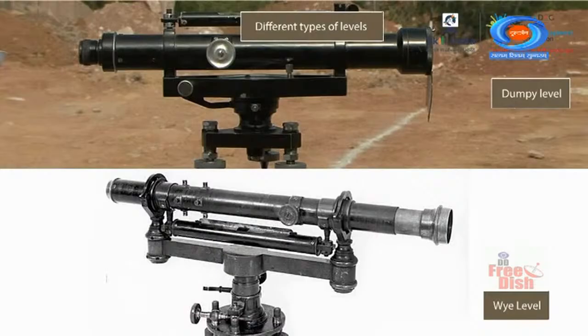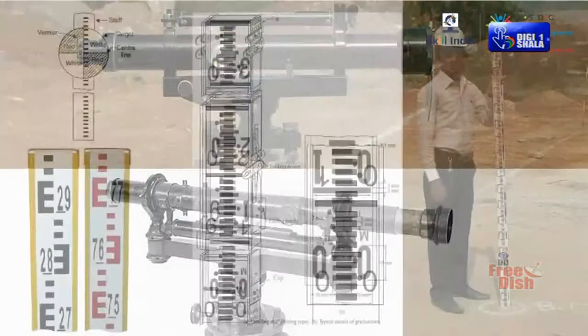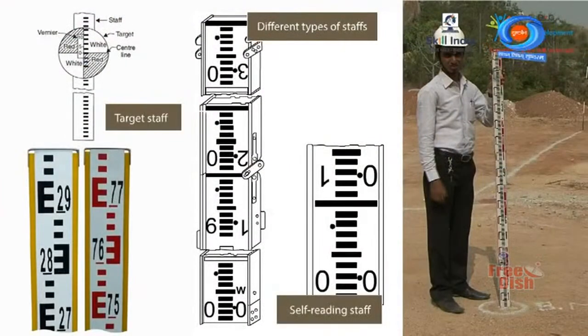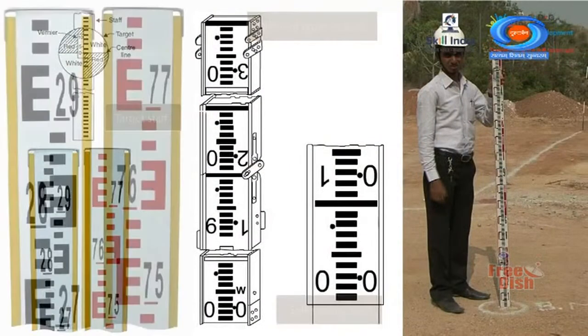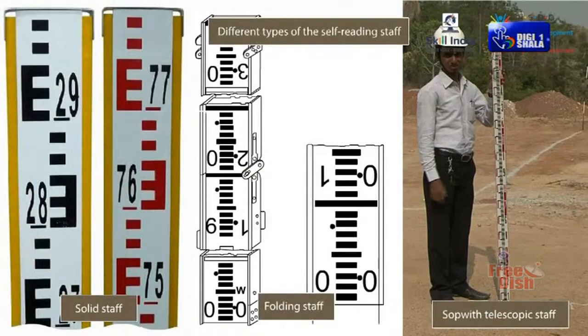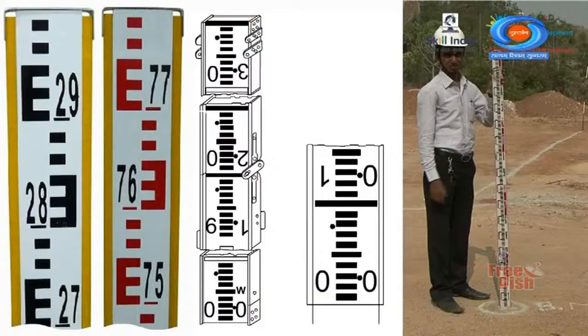You can identify the dumpy level by its long telescope mounted at a single point between the three foot screws. You can identify the Y level by its curved clips that connect the telescope to two Y-shaped supports. Different types of staff are self-reading staff and the target staff. The three different types of self-reading staff are the solid staff, the folding staff, and the Sopwith telescopic staff.